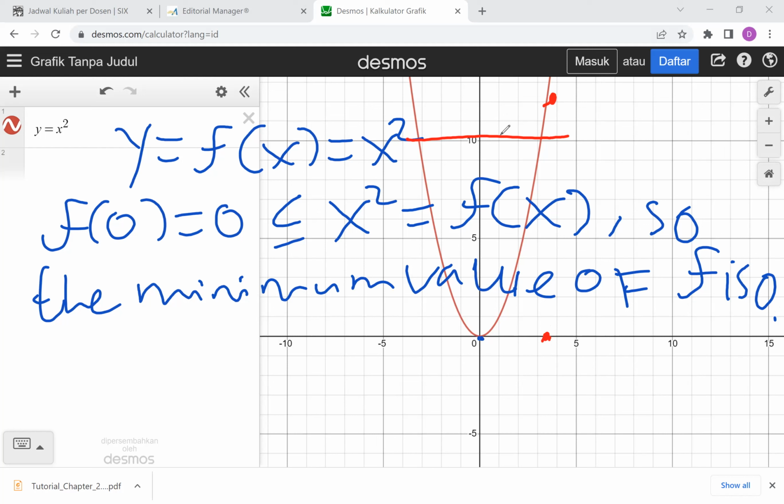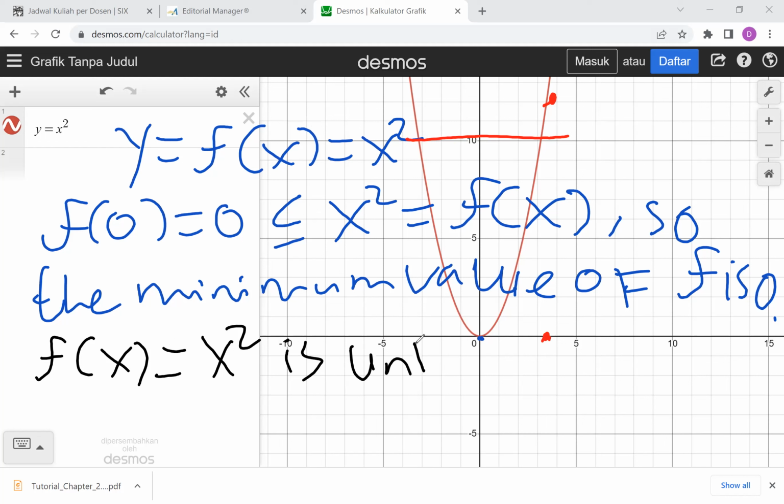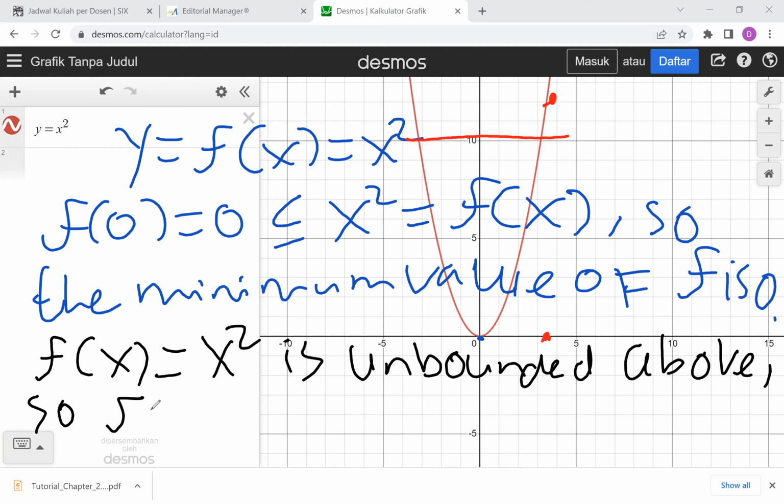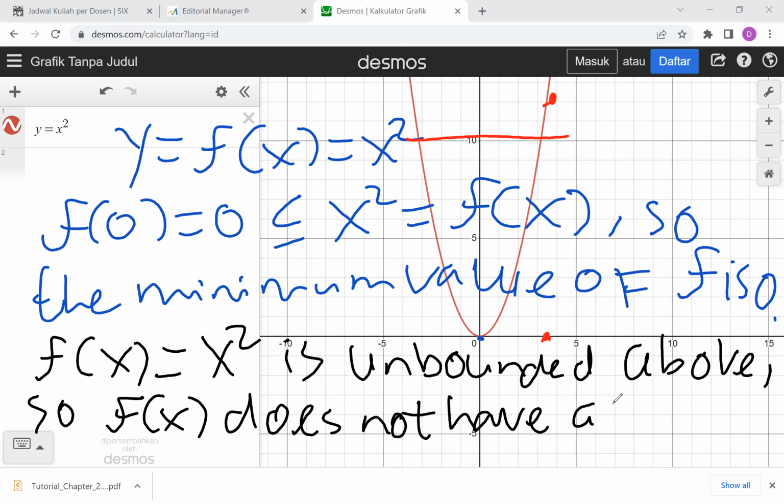So f of x equals x squared is unbounded above, so f of x does not have a maximum value. The maximum value does not exist, and the minimum value is 0. So that is the conclusion.